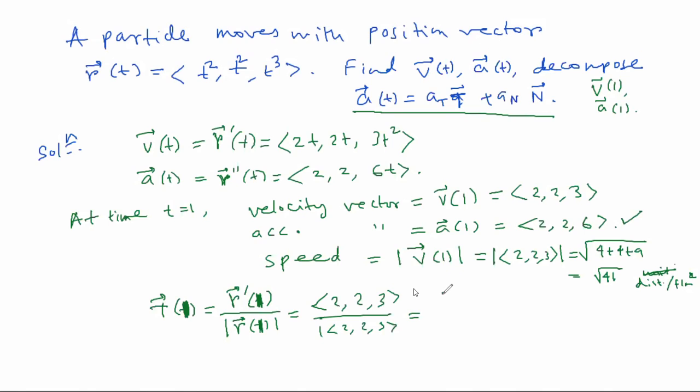We already kind of did the work. This is the tangent vector. What is the normal vector? Then we have to take the derivative of the tangent vector. The normal vector is the tangent vector prime over its magnitude, right? So we have to find T as a function of t.